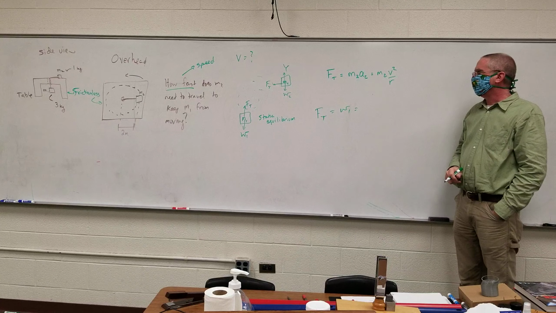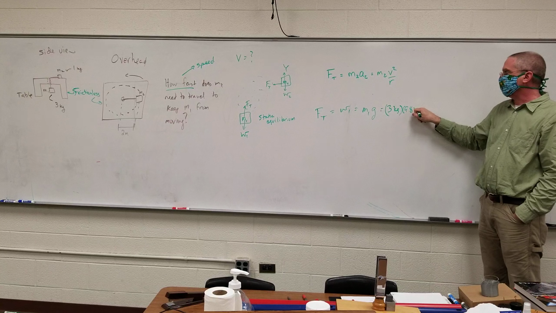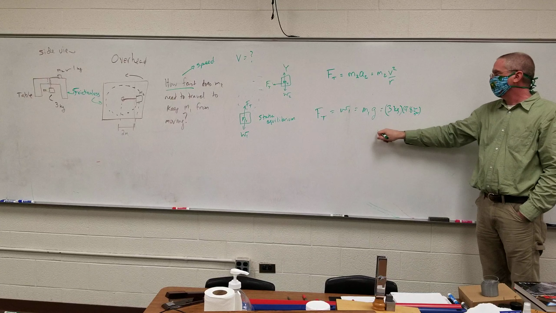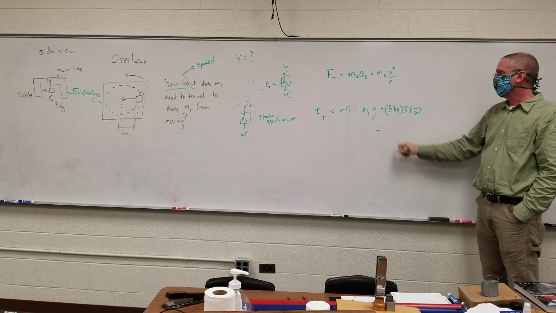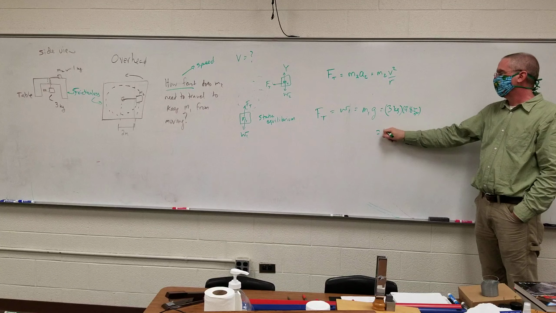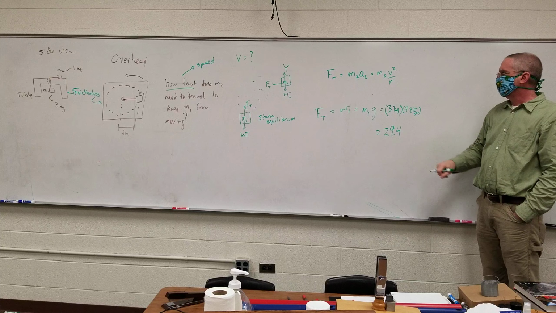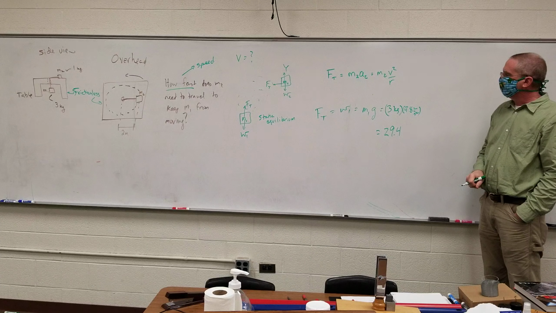That's 3 kilograms times, let's assume Earth, 9.8 meters per second squared. 29.4. Yep, that's right. So the tension in the string is 29.4, that's the magnitude of my centripetal force.